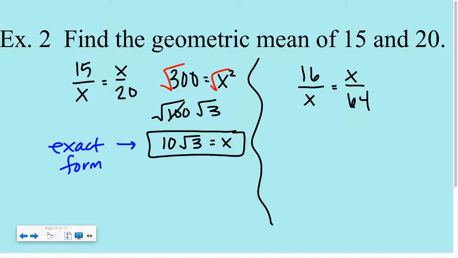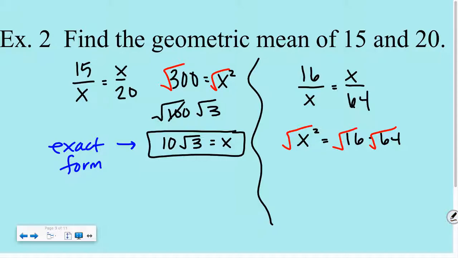To make you less calculator dependent, x times x is what? X squared. And that would equal whatever 16 times 64 is, right? Okay. And how do I undo a square? I take the square root. Well, wouldn't I be taking the square root of those two values?